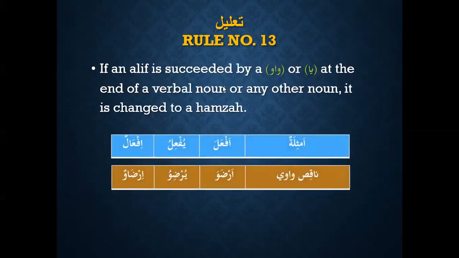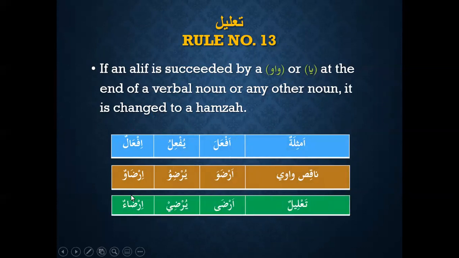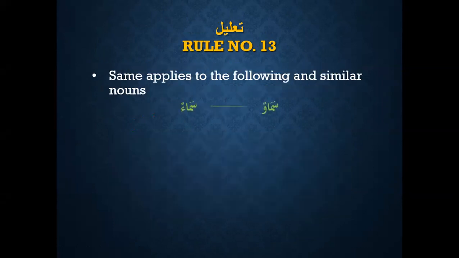And likewise, as you have with fa'ilun, same with if'alun, irda'un. So waw after alif at the end, you just change that waw into hamza, irda'un rather than irdawun. Likewise, some asma, the nouns with alif at the end and waw or ya after that, you change that into hamza.